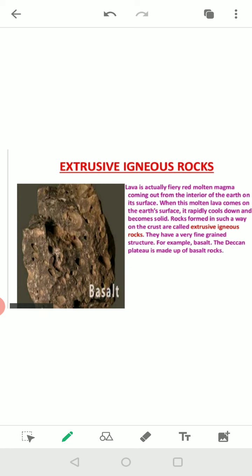The same thing is happening here. When the lava comes out of the volcanic eruption, it cools down, and the process is comparatively quick, and it becomes solid. Rocks formed in such a way on the earth crust are known as extrusive igneous rocks. They have a very fine grained structure. For example, basalt. The Deccan Plateau is made up of basalt rock.